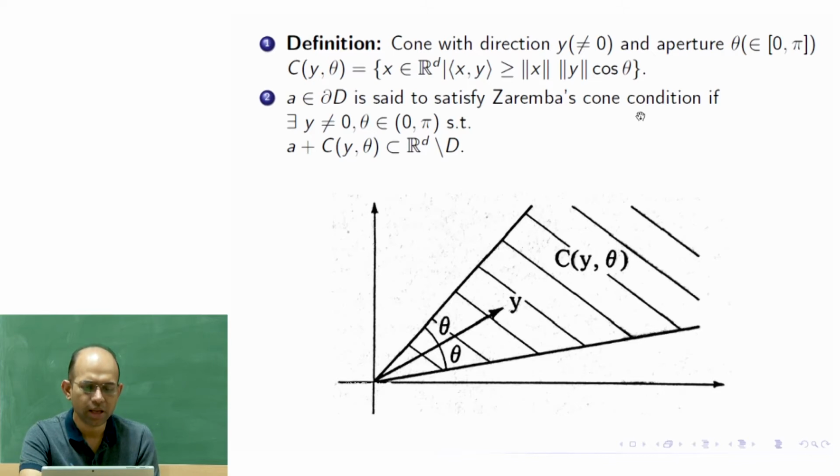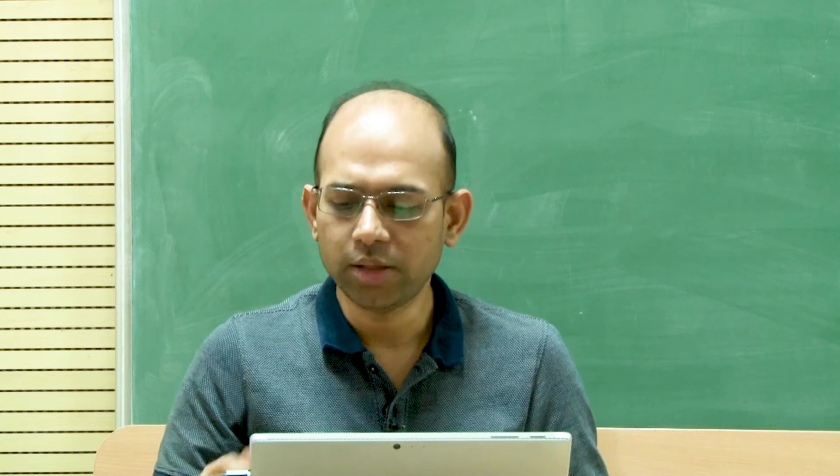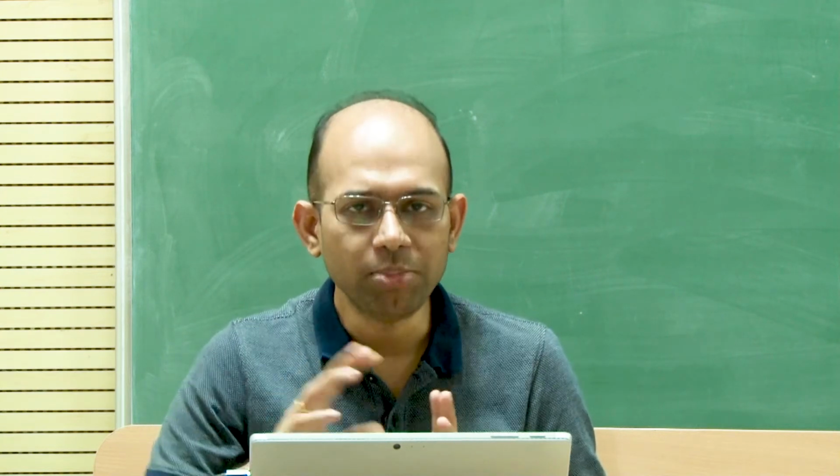The condition is: if there exists some non-zero vector y, a direction, and some theta between 0 and pi, such that A plus C of y, theta, a cone whose vertex is A, is a subset of R^d, in fact a subset of the complement of D. So, what is the point? The point is that we are talking about the shape of the complement of the domain.